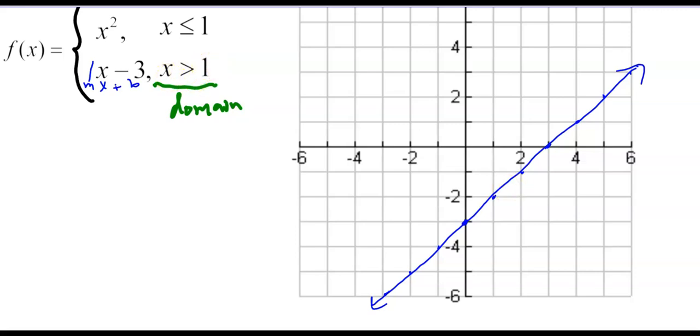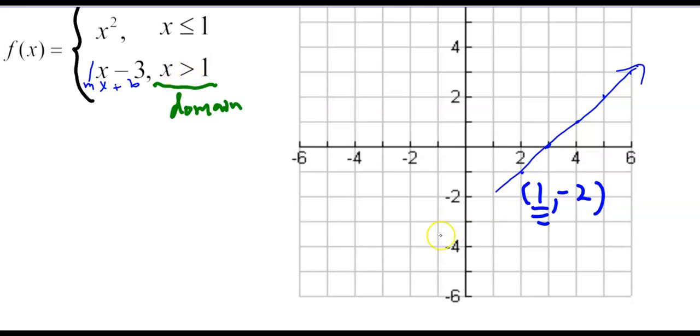For example, this point right here is the point 1, -2. That point is where x is equal to 1. I want x when it is larger than 1, but I don't want it when it's smaller. So all of this part of the graph, when it's smaller than 1, I don't want. And to be technical about it, I want it larger than 1, not equal to 1.